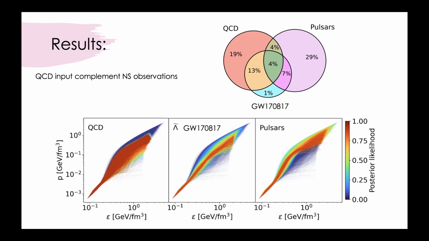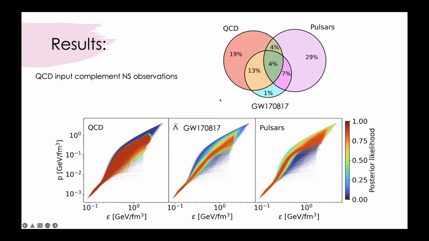Roughly half of the equations of state are allowed after imposing the pulsar observations. Similarly for the gravitational waves and for the QCD. And you can see that the overlap region of these three different sources of information is very small, because they cut different sets of equations of state. So they are very complementary to each other.